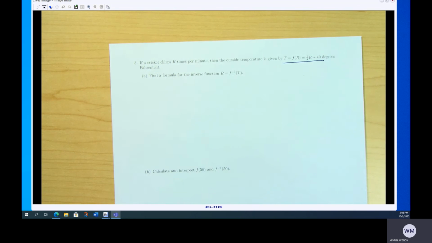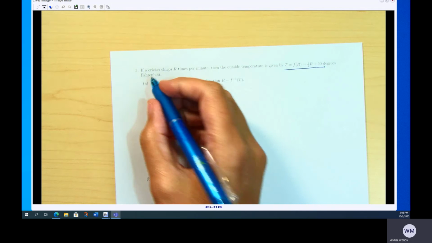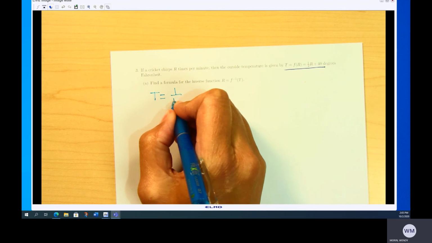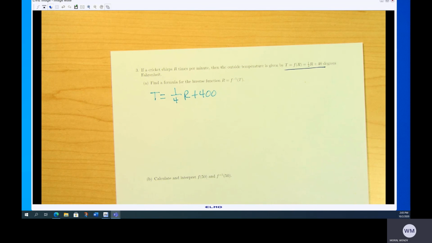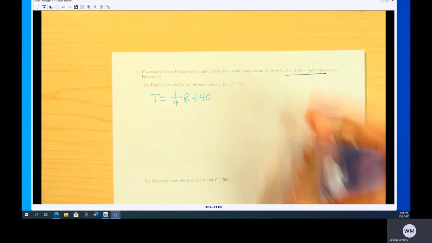Okay, so let's start with the given formula. Let me write that down. If T equals 1/4 R plus 40, what is R? We just have a math problem here.